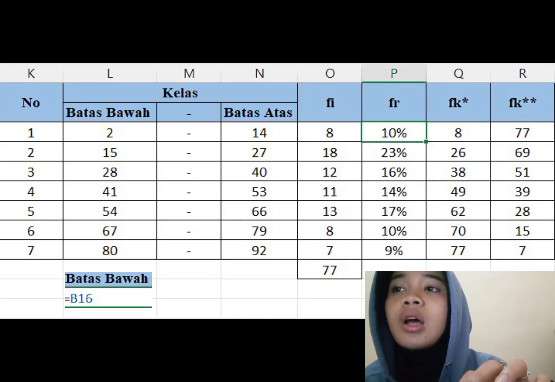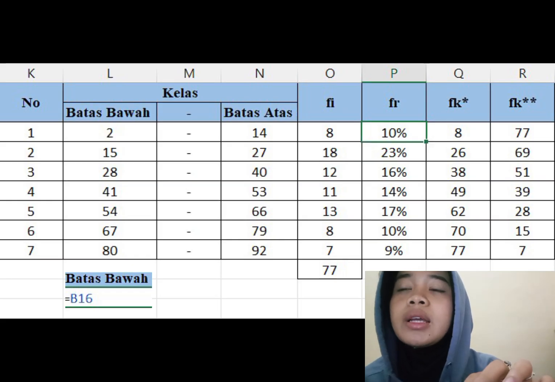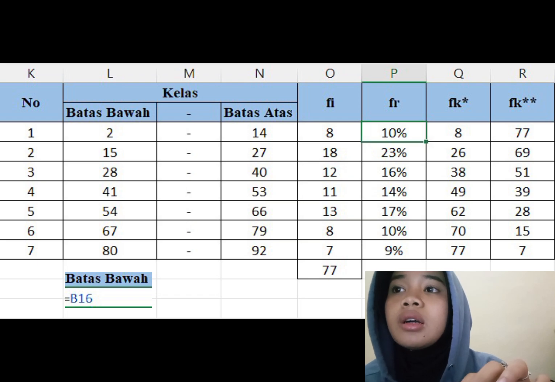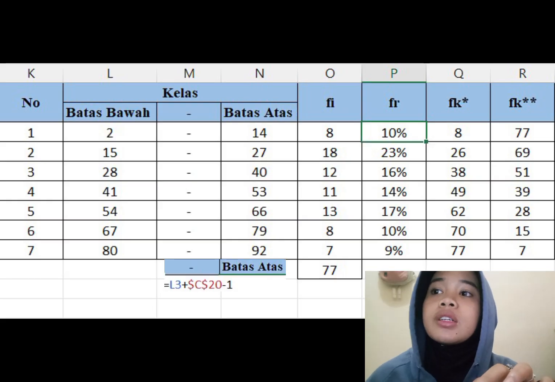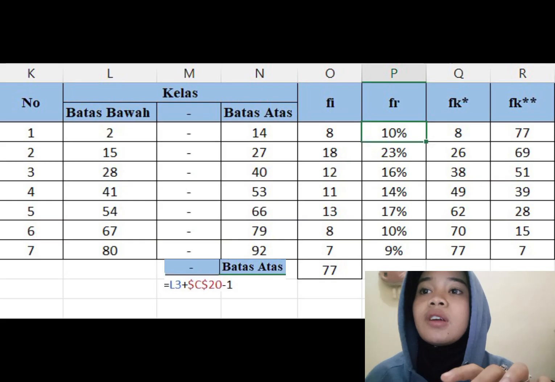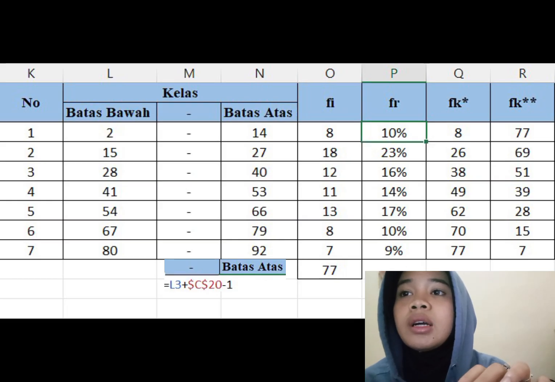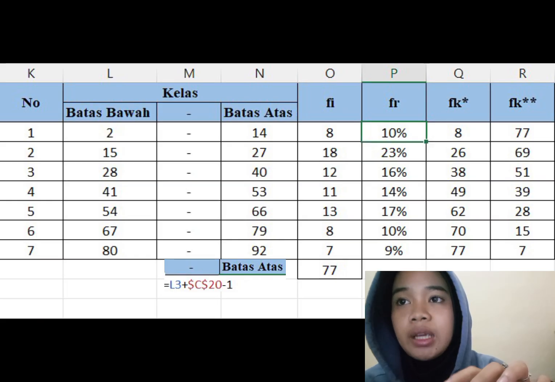Next, we calculate the upper and lower bounds. For the first lower bound, use the formula. The formula is the value of the range, and then click the min value, and then click enter. And for the first upper limit, the formula is equal to the first lower limit plus the value of C, and then press enter.